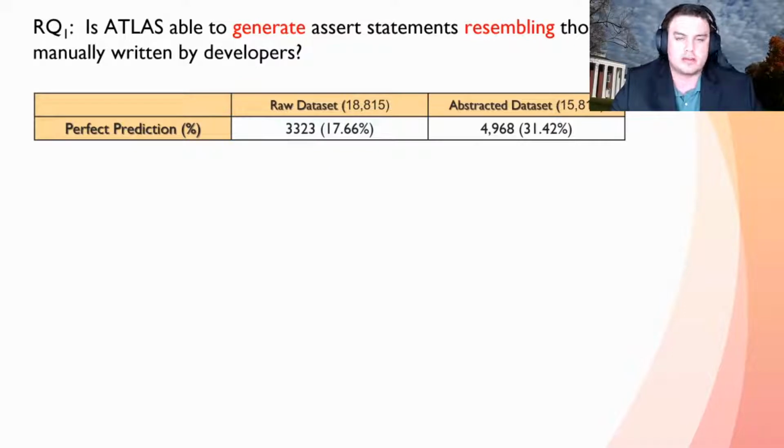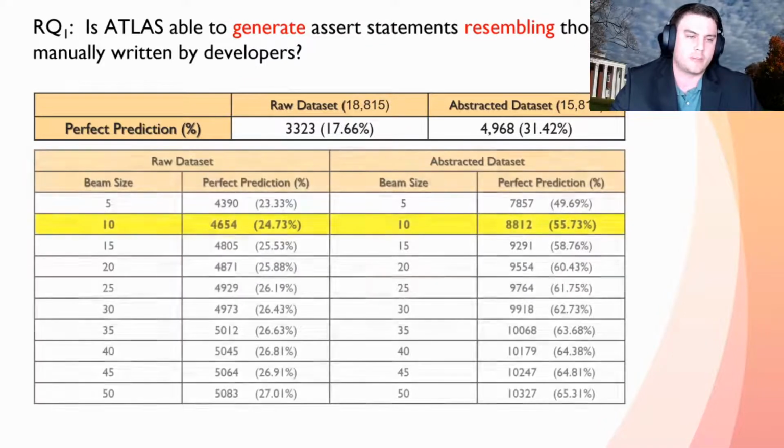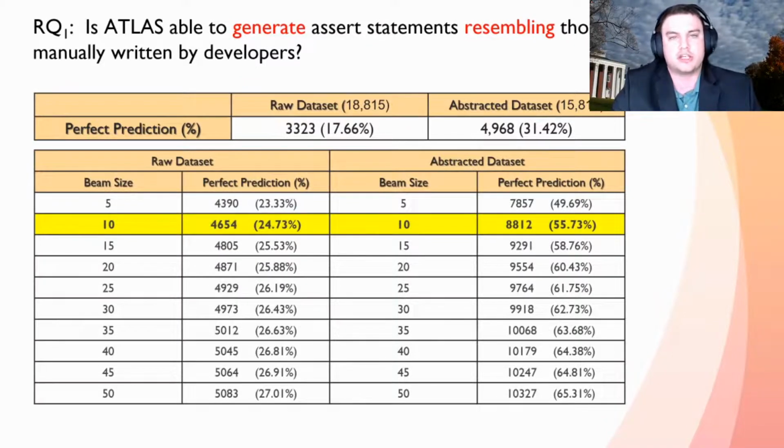We wanted to extend this with a mechanism called beam search. Beam search allows us to generate a number of different assert statements for a given test method and focal method context. We found that with a beam size of 10, meaning we generate exactly 10 assert statements for the given test method and focal method context, we see an improvement in the perfect prediction rate of over 20% for the abstracted data set, resulting in a perfect prediction rate of 55.73%.